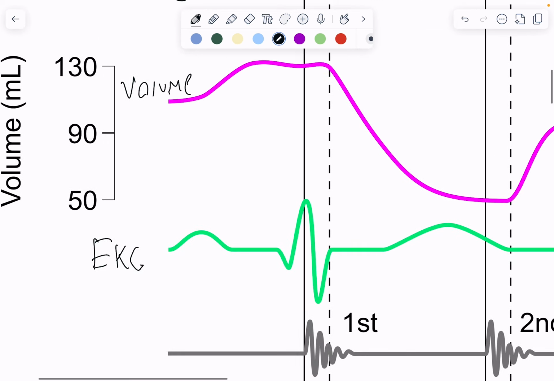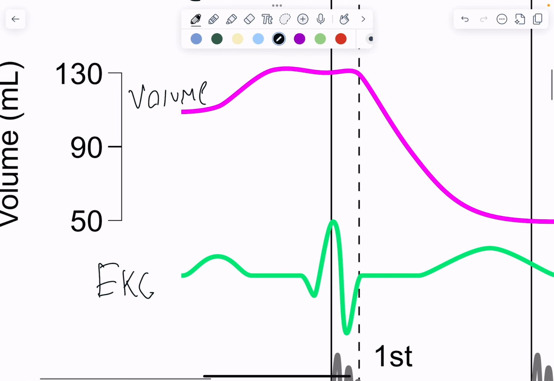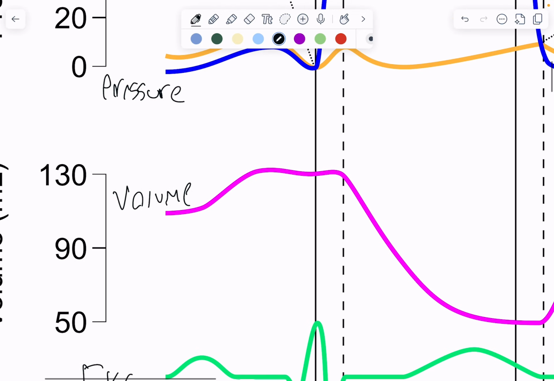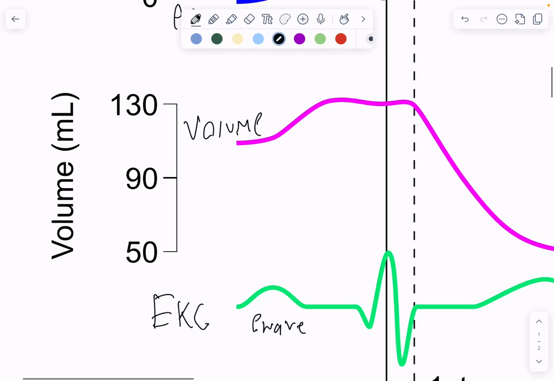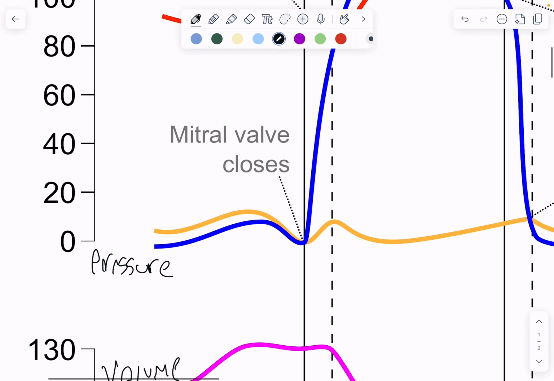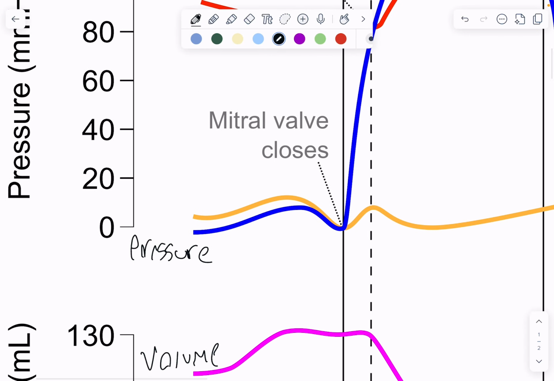And so you can see whenever we start the EKG, this is the P wave, and the P wave signifies atrial contraction. And so we can visualize that in the volume aspect as well as the pressure aspect. Whenever atrial contraction is occurring, the atrial pressure should be going up, which I believe is the yellow.